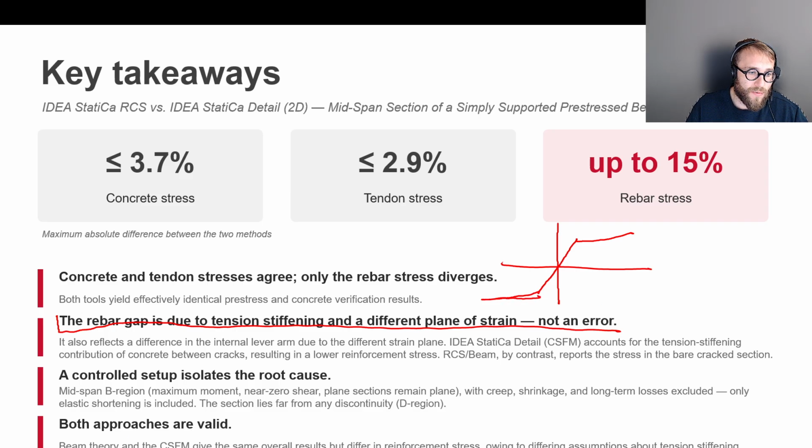But once we take into account the detail, these are plain rebars that are the same as for the RCS, but our model looks like that. So there is a level of tension stiffening, and the tension stiffening is happening under this curve.